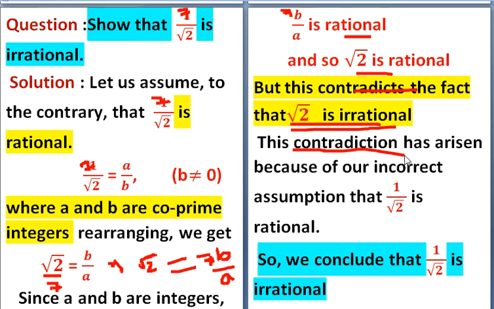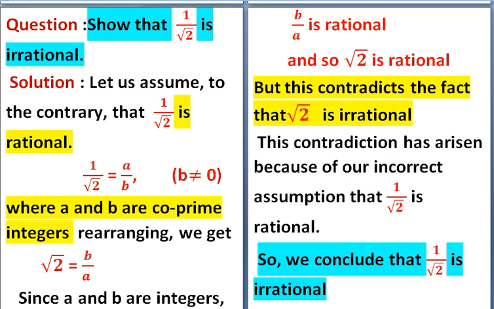This contradiction has arisen because of our incorrect assumption that 7 by root 2 is rational. So 7 by root 2 is irrational. If in your exam other numbers come at the place of 7, like 3 or 2, you can solve them without any hesitation.